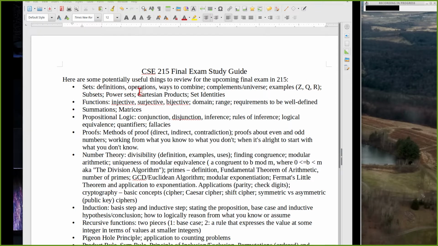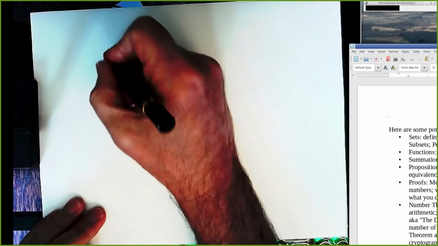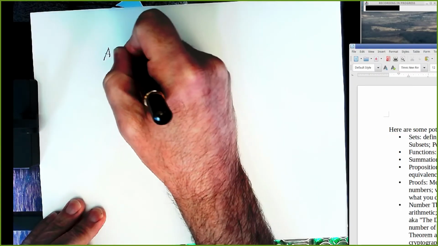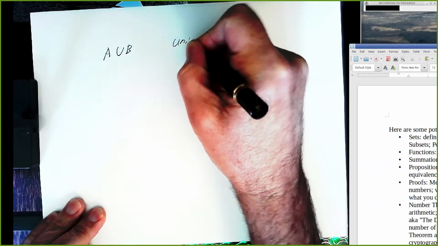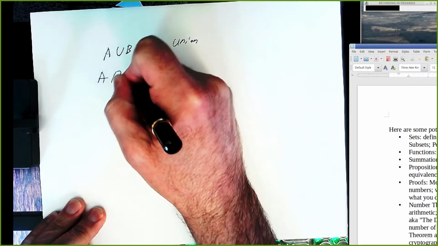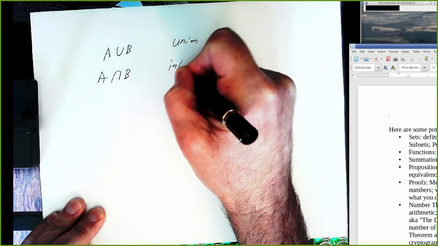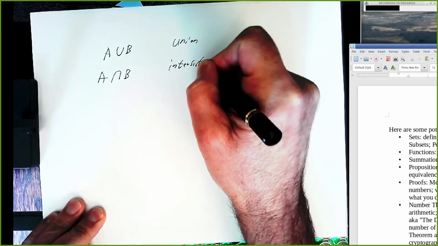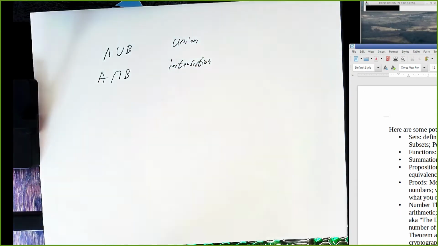We talked about operations on sets, so ways to combine sets: unions, intersections, complements. Try to keep these straight. If you're unsure, put them on your note sheets.